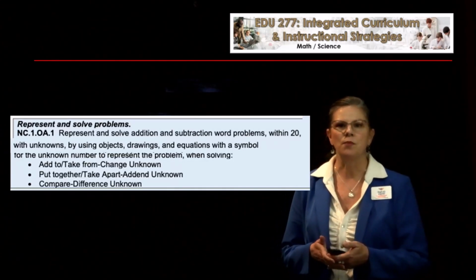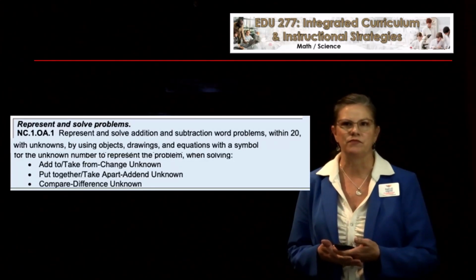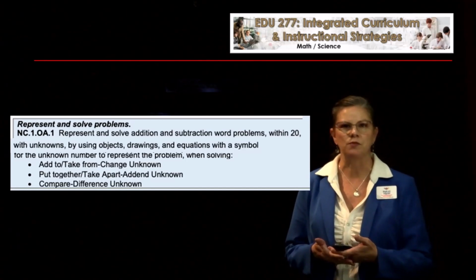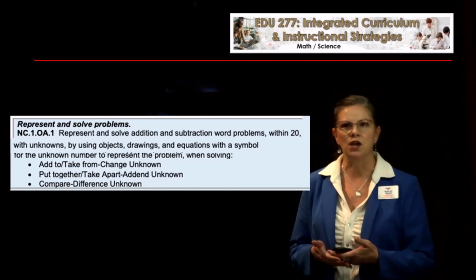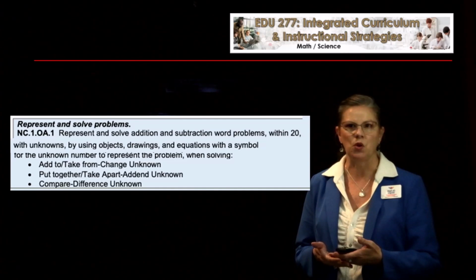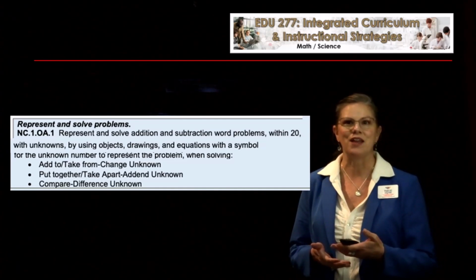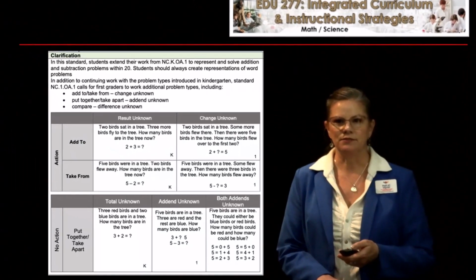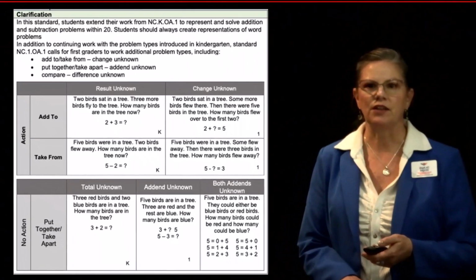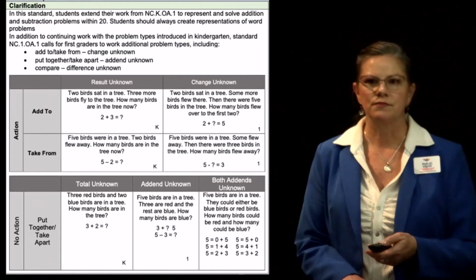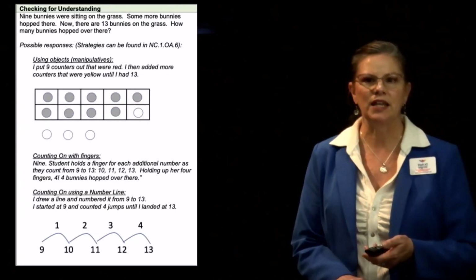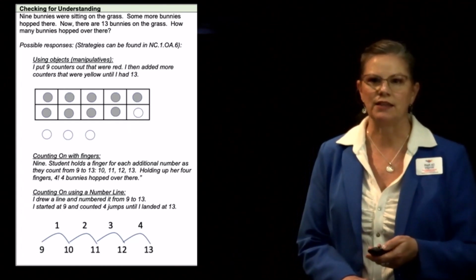The standard is operations and algebraic thinking: represent and solve addition and subtraction word problems within 20 with unknowns by using objects, drawings, and equations with a symbol for the unknown number and represent the problem when solving. Here is clarification for that particular standard. And this is an example of the outcome of students' work and language when they understand that standard.